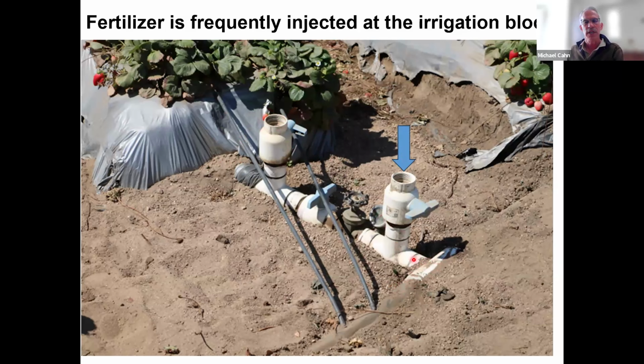And you can see if you had more fertilizer taking a right-hand turn than the left-hand turn, well, this side of the block is going to get less fertilizer, which gets me back to why that one field had 88% uniformity, but very low uniformity with the fertilizer. That was the case. They injected right at the block, and more of the fertilizer went on one side of the field than the other side of the field. And they had a very poor uniformity in terms of the distribution of the fertilizer.